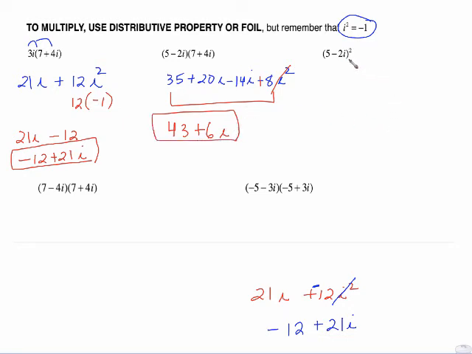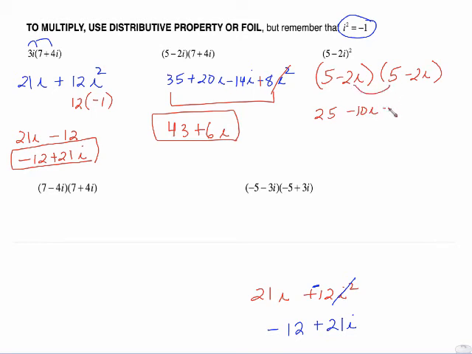Remember, when you square a binomial, it's not just square the front, square the back. You need to think about this being 5 minus 2i times 5 minus 2i. Yes, there is a shortcut you can do in your head, and if you know that, that's fine. But what I'm teaching right now is just write out the binomial twice and FOIL. 5 times 5 is 25. 5 times negative 2i is negative 10i.